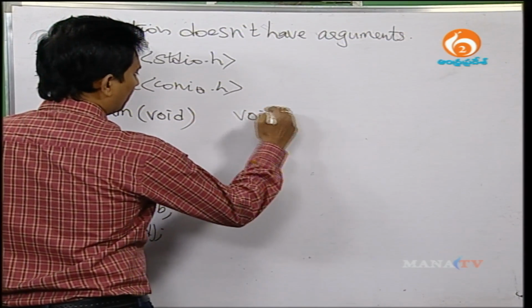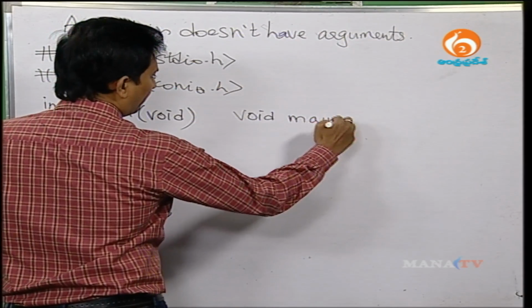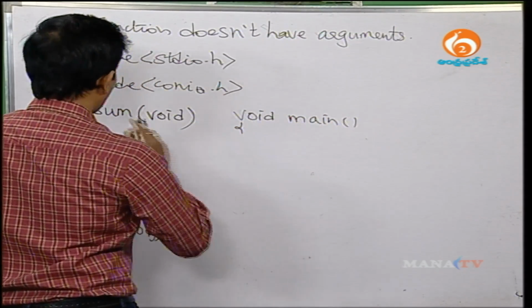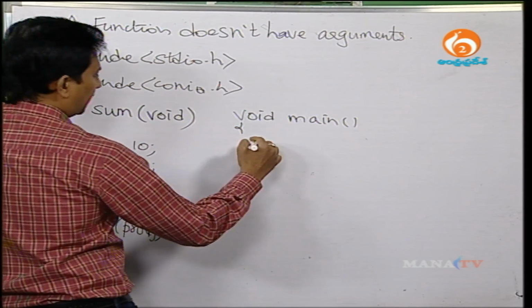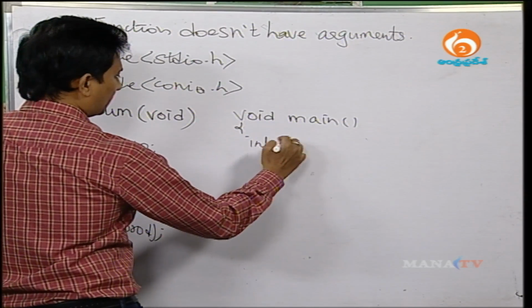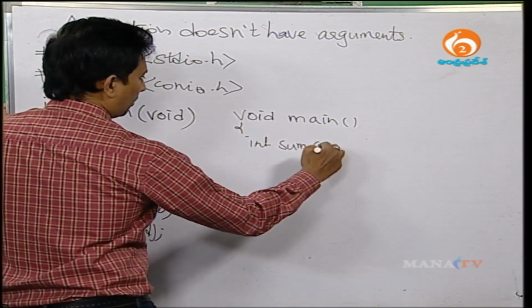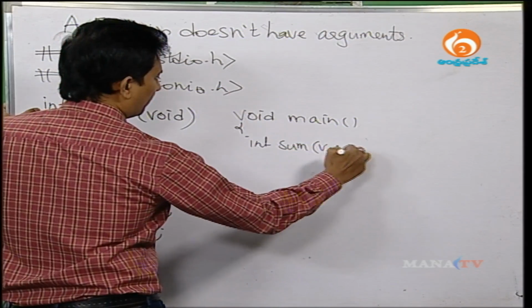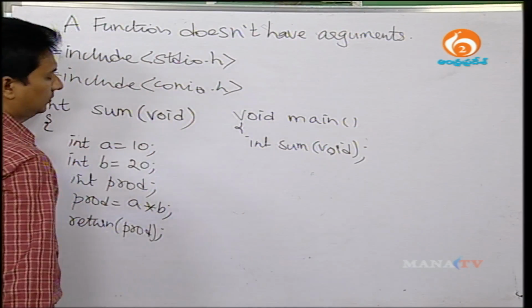Void main. We have to write the function declaration here: int sum void, semicolon.